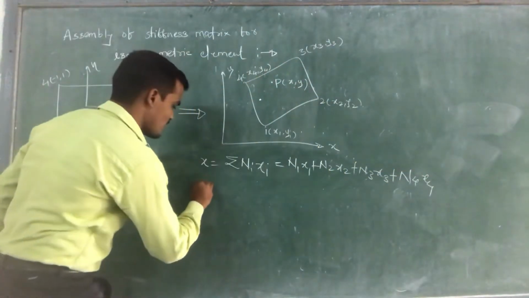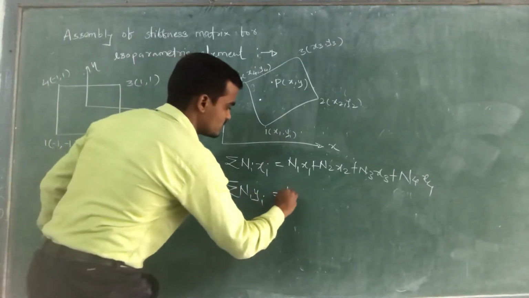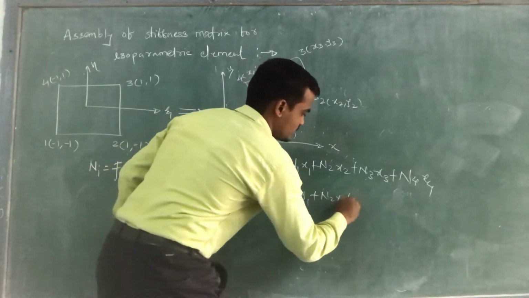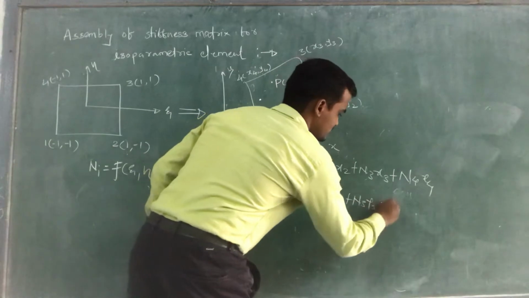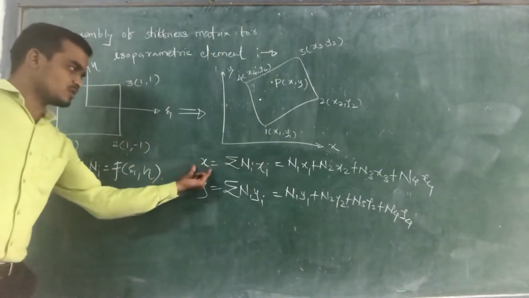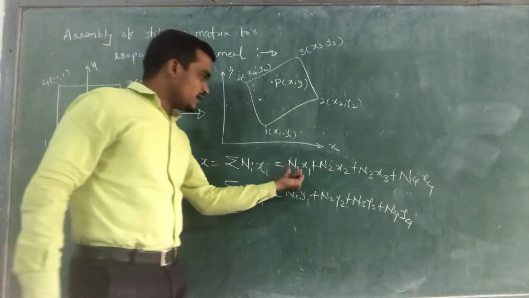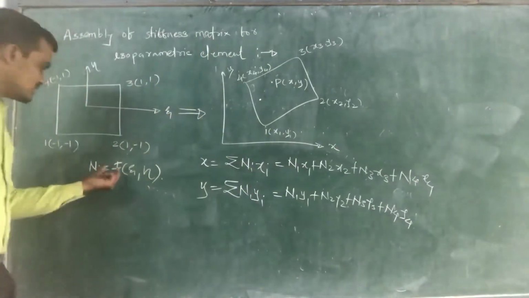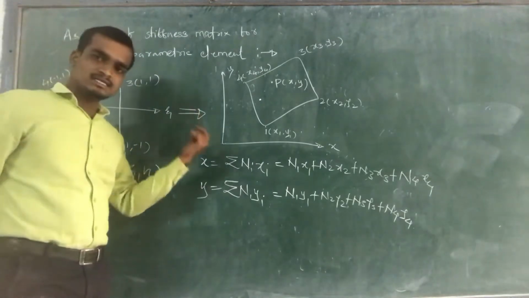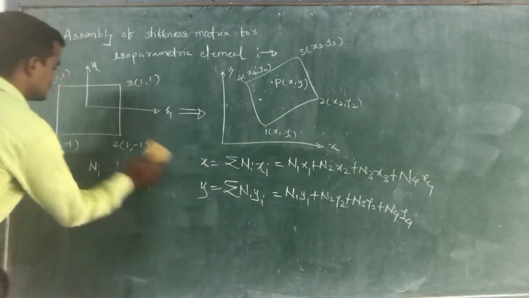Similarly, y is summation of Ni yi, which is N1 y1 plus N2 y2 plus N3 y3 plus N4 y4. In this way you will get the Cartesian or global coordinates from the natural coordinate system, because N1 is a function of zeta and eta, and similarly N2, N3 and N4 are functions of zeta and eta. Now the second thing is what?